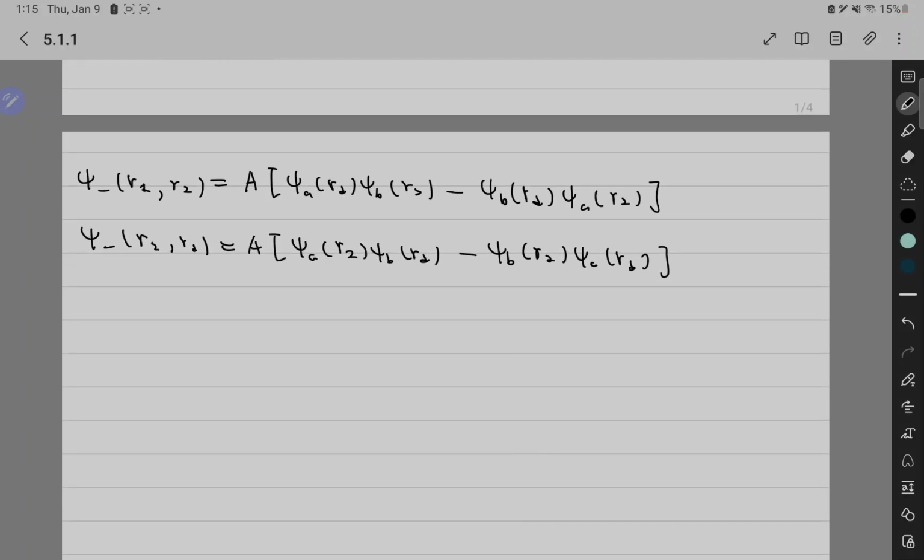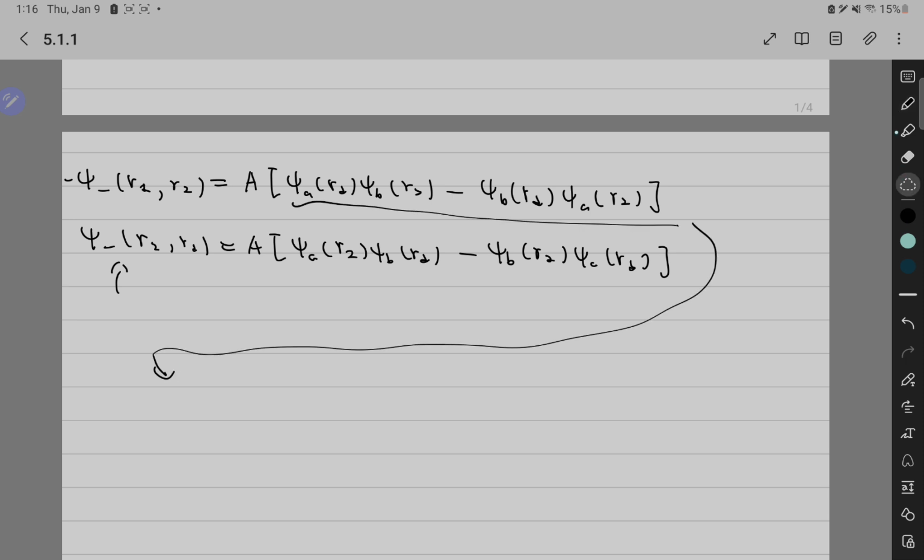So what happens here is that our second scenario of psi r2 r1 is actually equal to the negative of the first scenario, because if you look at what we have here, let's move this down.